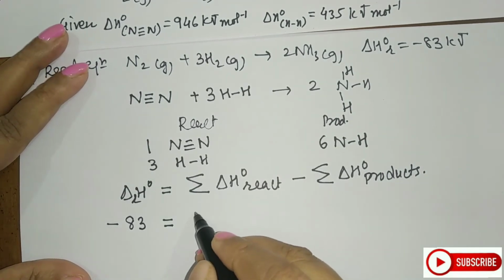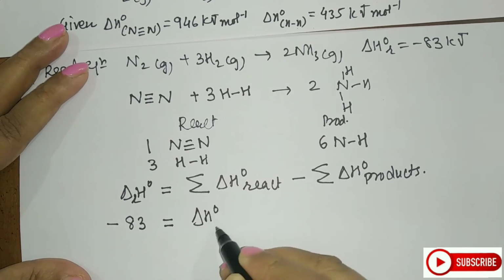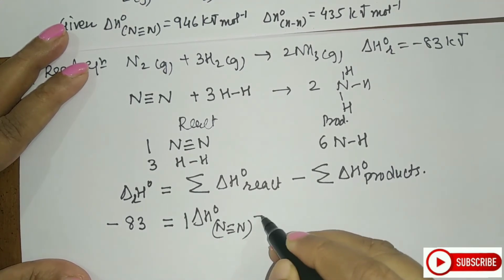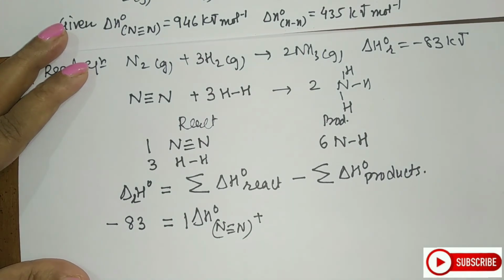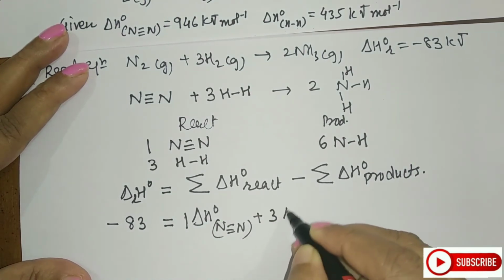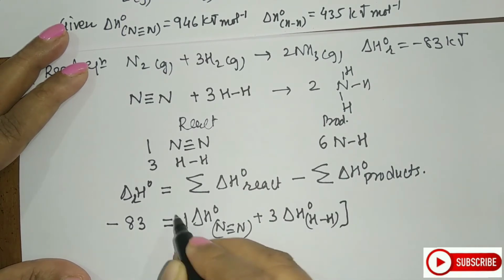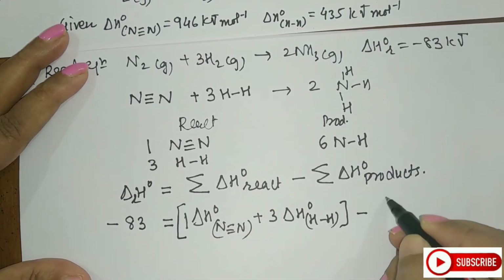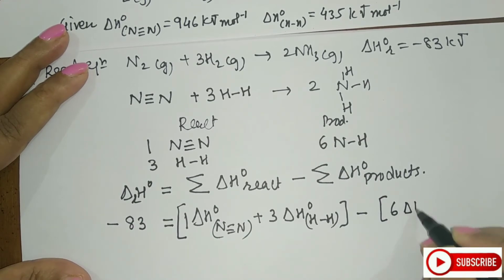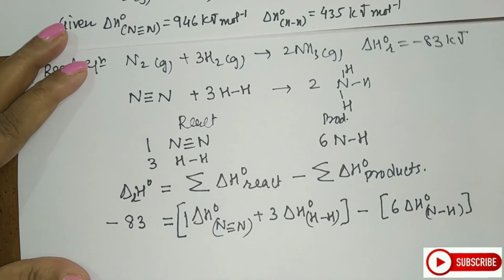So it will be standard enthalpy of N triple bond N. It is only 1. So I'll write 1 plus 3 times the standard enthalpy of HH bond. So my reactant side is over, minus 6 times the standard enthalpy of NH bond. Product side is also over.